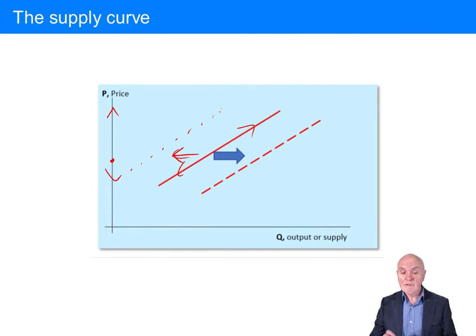You'll see in the notes a full list of reasons why the supply curve might shift to the right or shift to the left. And you have to carefully distinguish that from moving up and down the supply curve, which is purely to do with changes in prices.